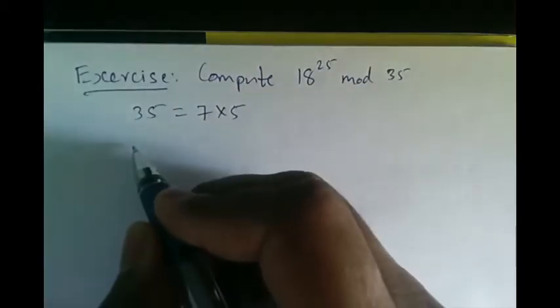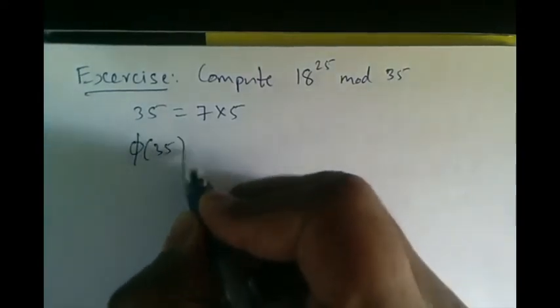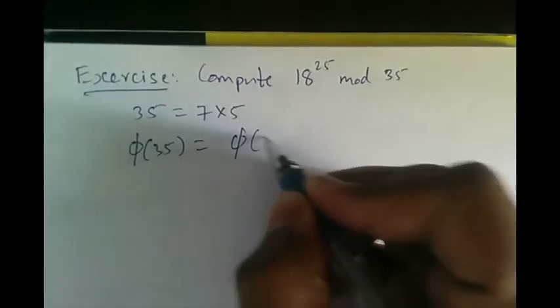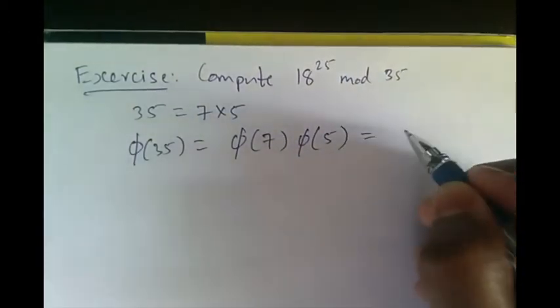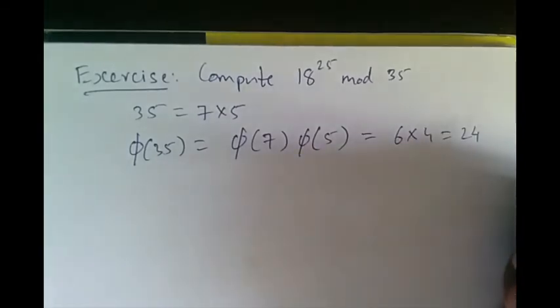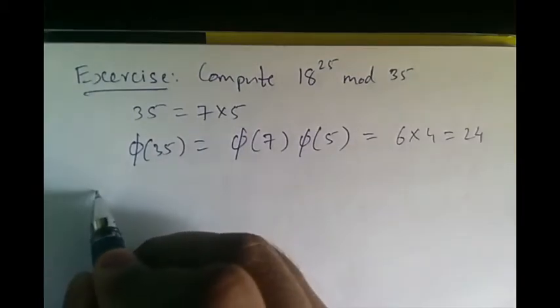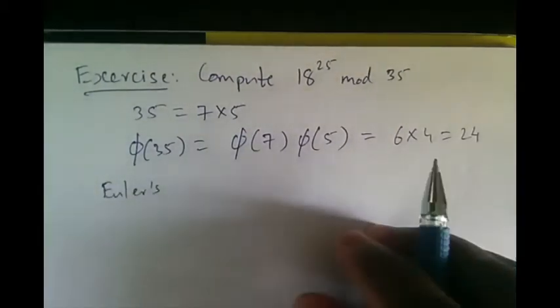So remember that phi of 35 is going to be phi of 7 times phi of 5, which is 6 times 4 is 24. And we had a theorem, I think it was Euler's theorem. Let me just check.